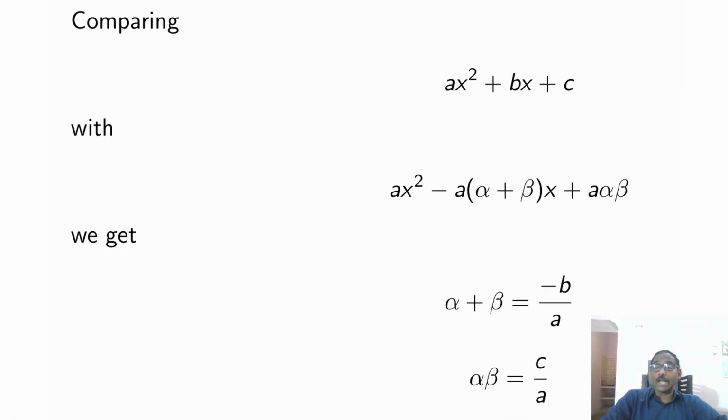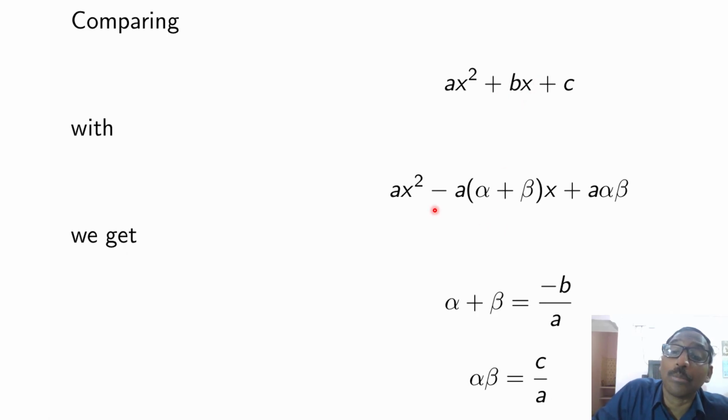Go to the next slide. Comparing ax square plus bx plus c with this expanded form, ax square minus a times alpha plus beta times x plus a alpha beta. If we compare these two, what are the x square coefficients? Here also a, here also a. What is the x coefficient here? b.